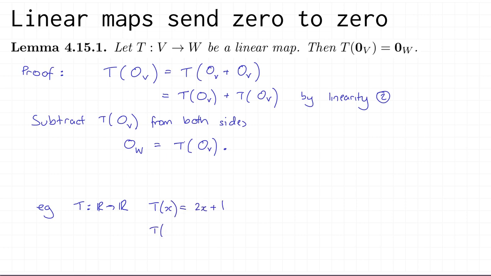Then T of the 0 vector in the real numbers, that's just the number 0, well, that would be 1, and that's not equal to 0. So we could have said straight away, because T of 0 is not equal to 0, T is not linear. And this is a sometimes useful way to rule out a certain function being linear. If it doesn't send the 0 vector to the 0 vector, it cannot be a linear map.